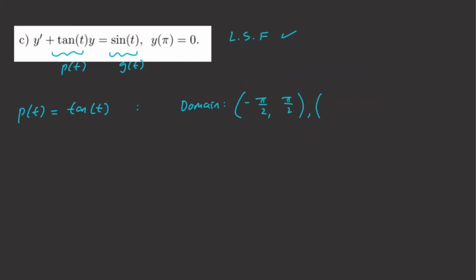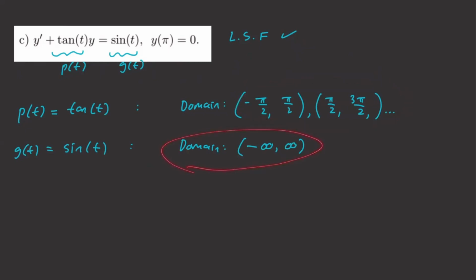You can also look at pi over 2 to 3 pi over 2, and so on. Those are the domains of this function. Then for g of t, we have sine of t. Sine is a nice continuous wave, so the domain for sine is negative infinity to infinity. Together they're continuous on the interval with the restriction, since this one is fine everywhere.